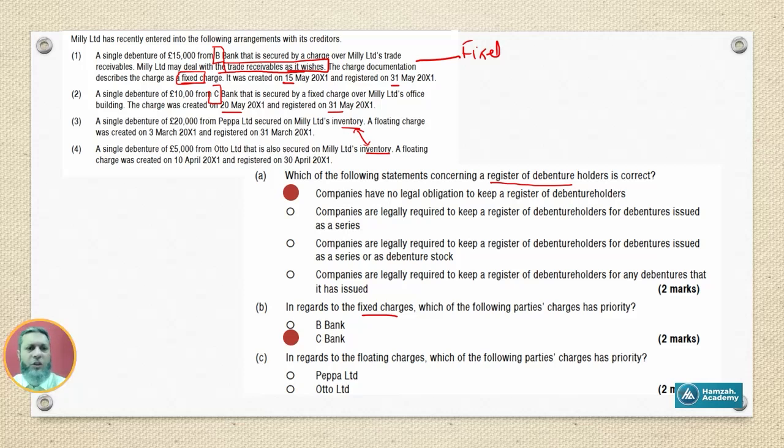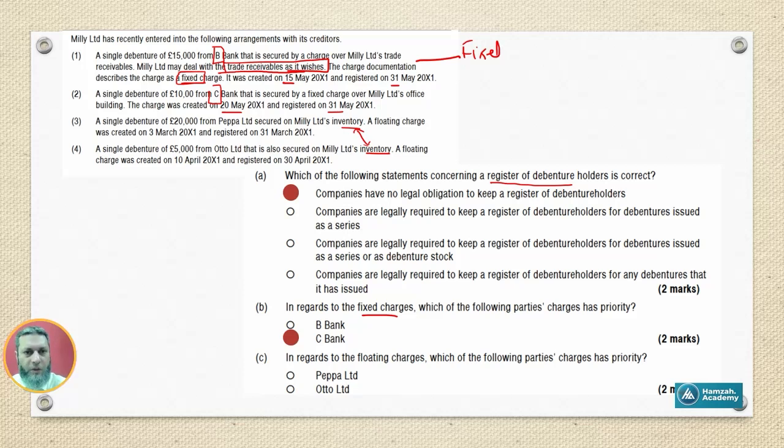For example, inventory. Generally, we see that inventory is a current asset. It comes and goes. And usually when you create a charge, we say it is a floating charge. But if it is specified and the creditor has said that when you sell this inventory, you have to give me the amount, then that becomes a fixed charge.